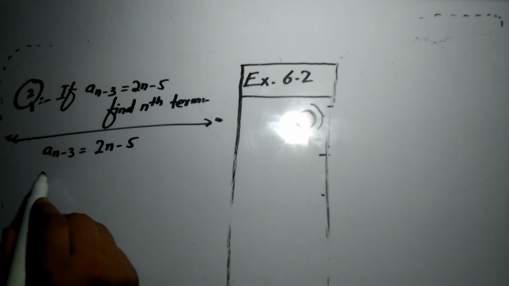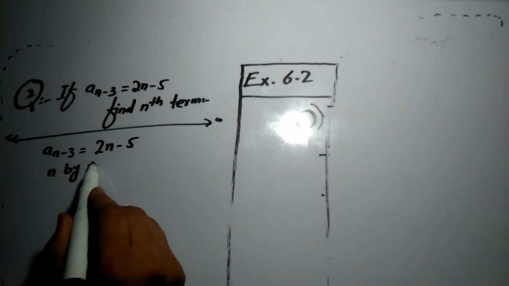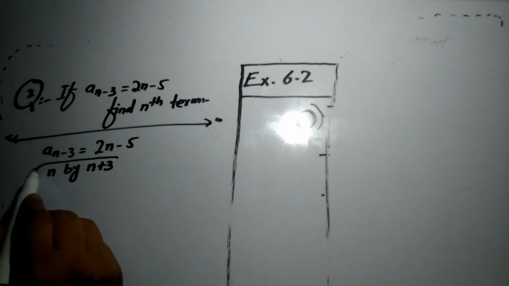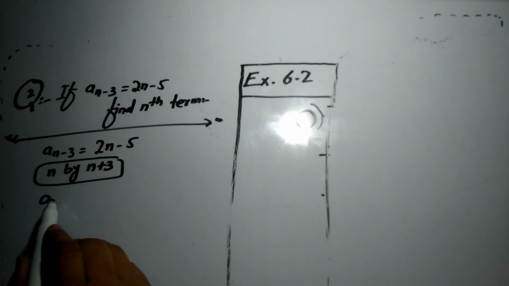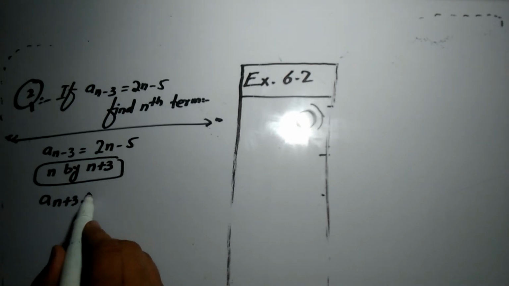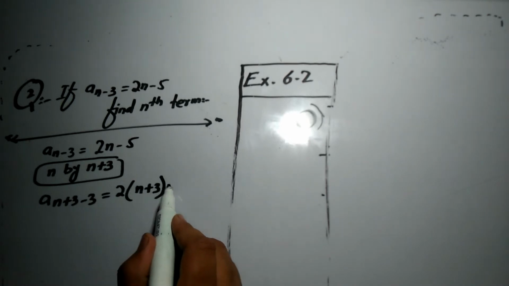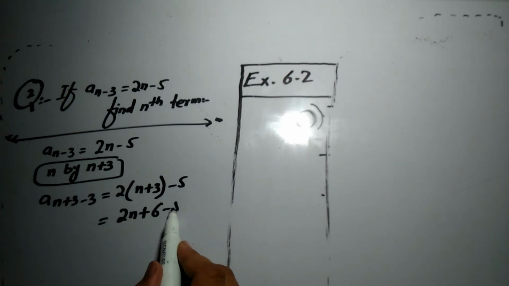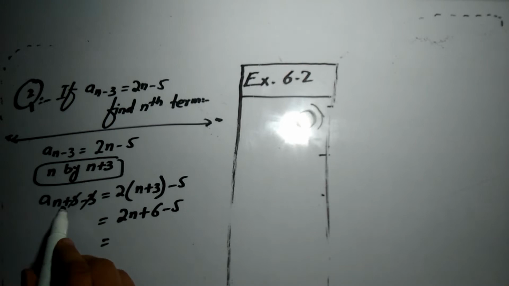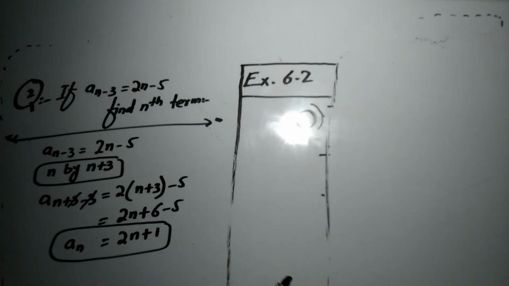So if we replace n by n plus 3, this expression will be equal to a(n plus 3 minus 3) equal to 2(n plus 3) minus 5. So this will be equal to 2n plus 6 minus 5. This will be equal to an, which will be equal to 2n plus 1. This is the solution of this question.